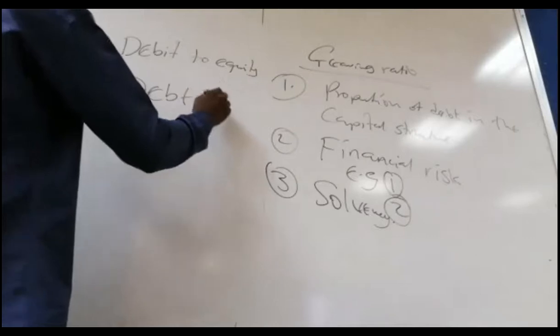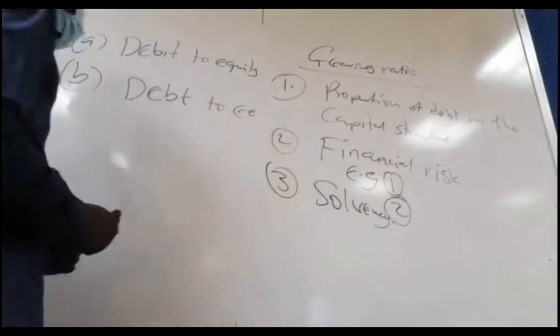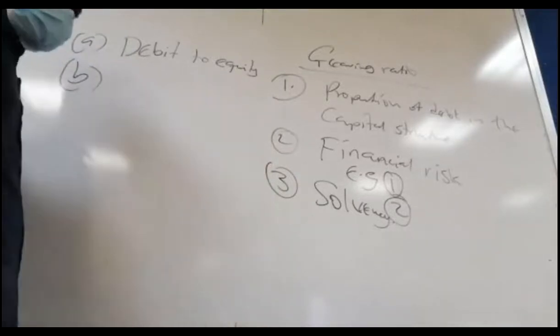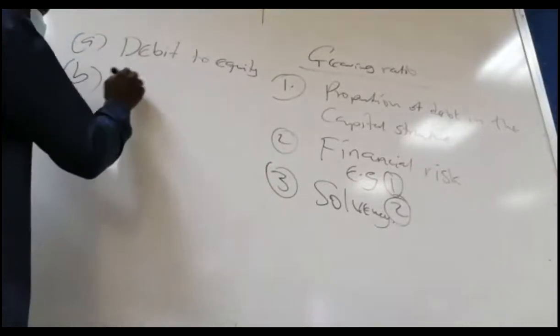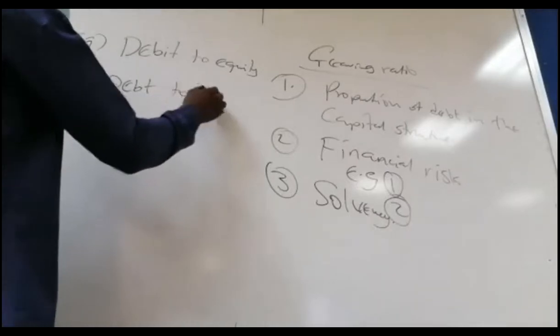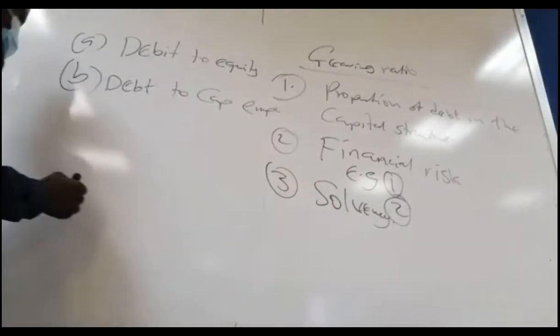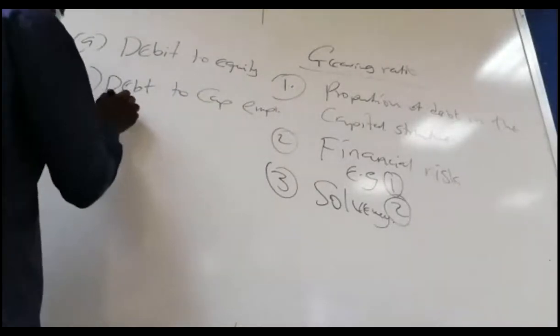Now the second one is the same, but it is coming from the opposite direction. Debt to capital employed ratio. We also call it small gearing.